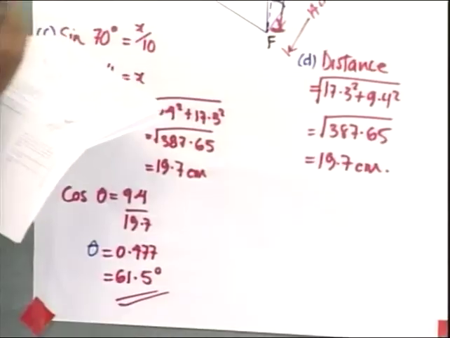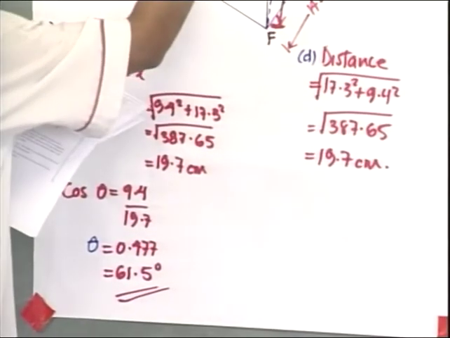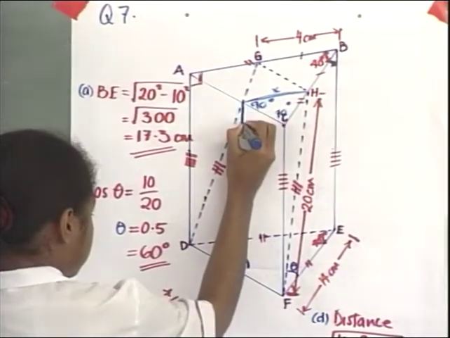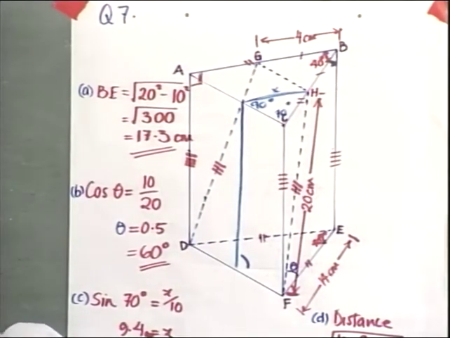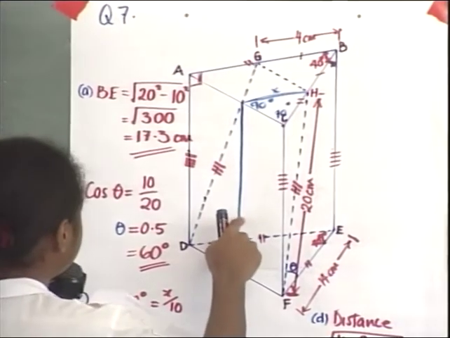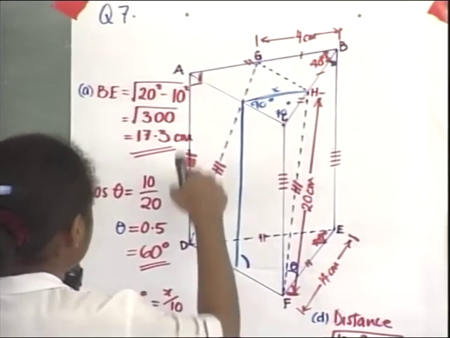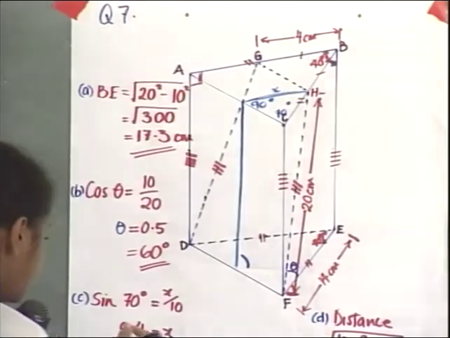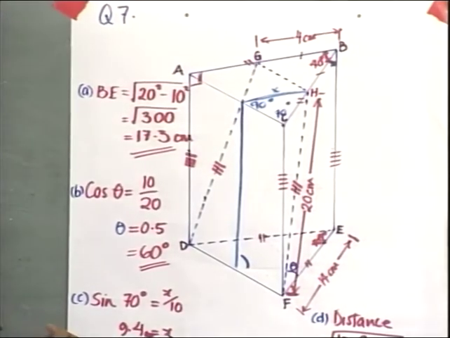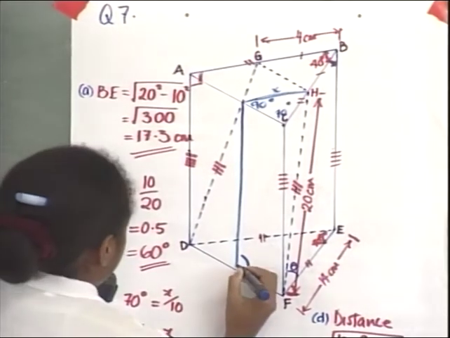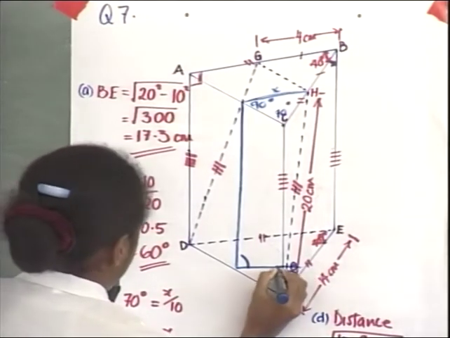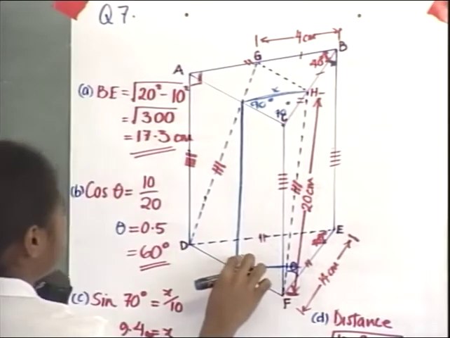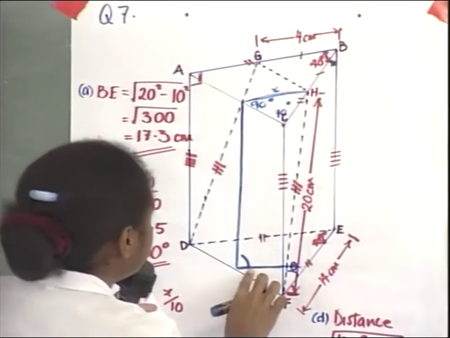Then we drew another line coming down this way. That should be equal to 17.3 centimeters because it's also equal to AD and BE, which is 17.3 centimeters. We also drew another line from here to here, and that forms the angle we're trying to find over here.